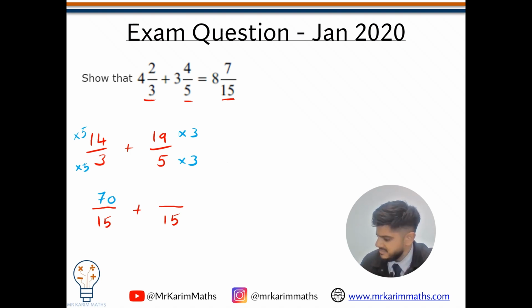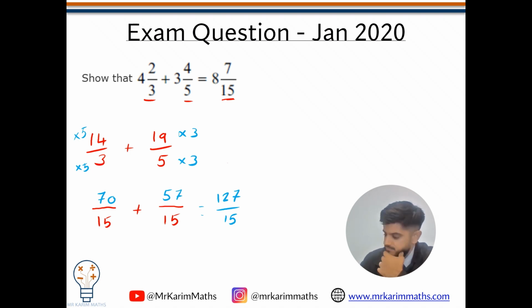And then 19 multiplied by 3, what's that going to be? 57. And then add these together. So 70 plus 57 is going to be 127 over 15.